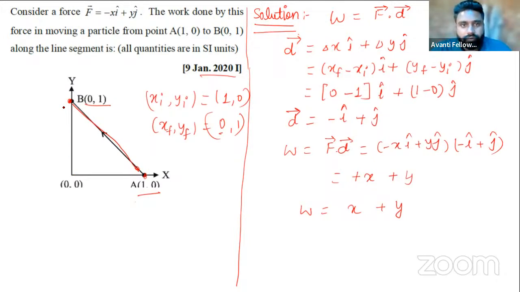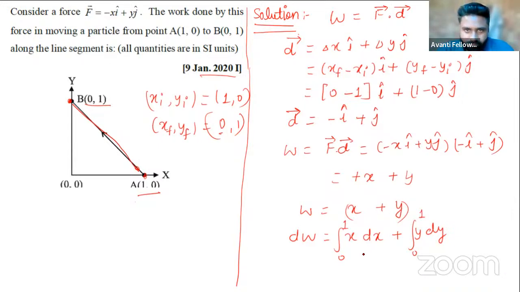So to find the final work done by this force, we can take the differential work dW, which is x dx plus y dy, and integrate it from 0 to 1, and also 0 to 1.